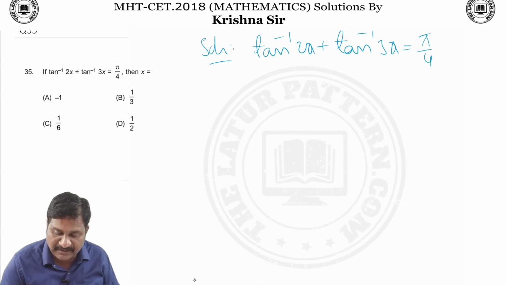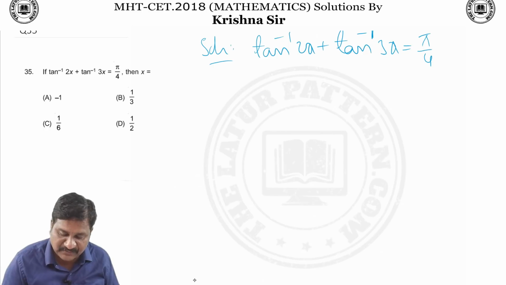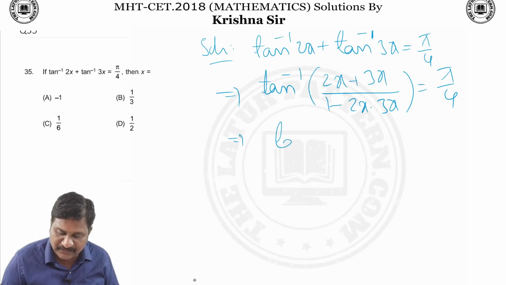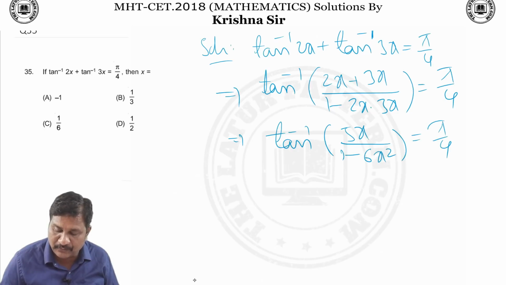Now it is in the form of tan inverse x plus tan inverse y, then it can be taken as tan inverse of (x plus y) upon (1 minus x into y), which is equal to pi by 4. So tan inverse of (2x plus 3x), 5x upon 1 minus 6x square, is equal to pi by 4.